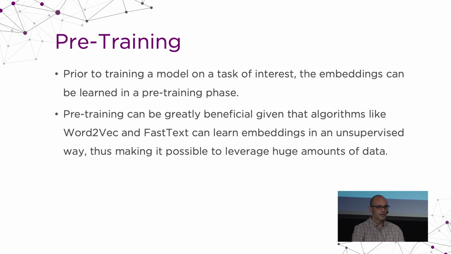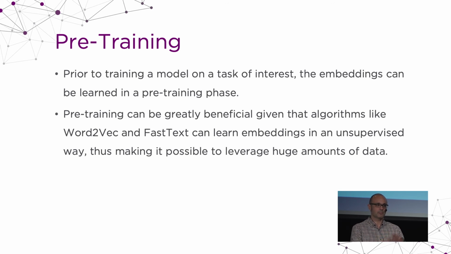And there is one interesting aspect here. If we use word2vec, fastText, all these algorithms, what we are basically doing is some sort of transfer learning that you have also seen yesterday. Because basically what we do is we use the task that we saw before, so word2vec, to train these embeddings.